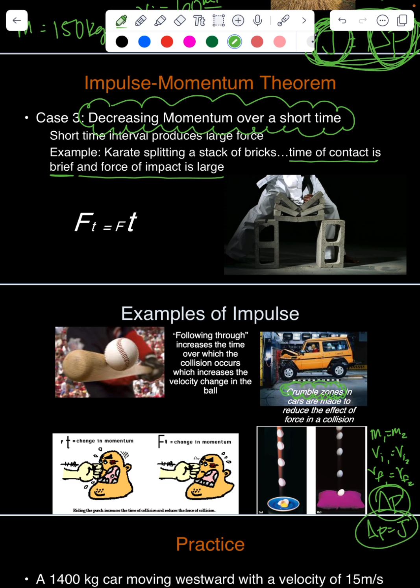What changes is that you can see that two very different things happened as they came to a stop. The difference is that this plate did not increase that stop time. It had a very, very small stop time, which means that you had a very large stop force, which is why it cracked.